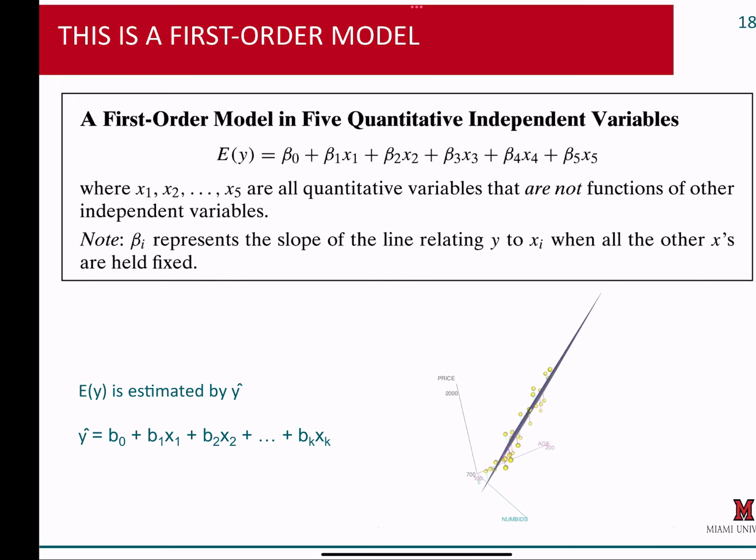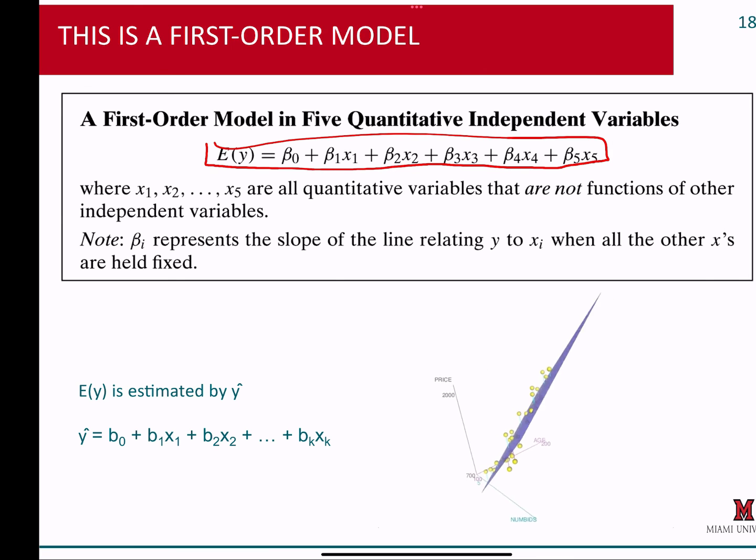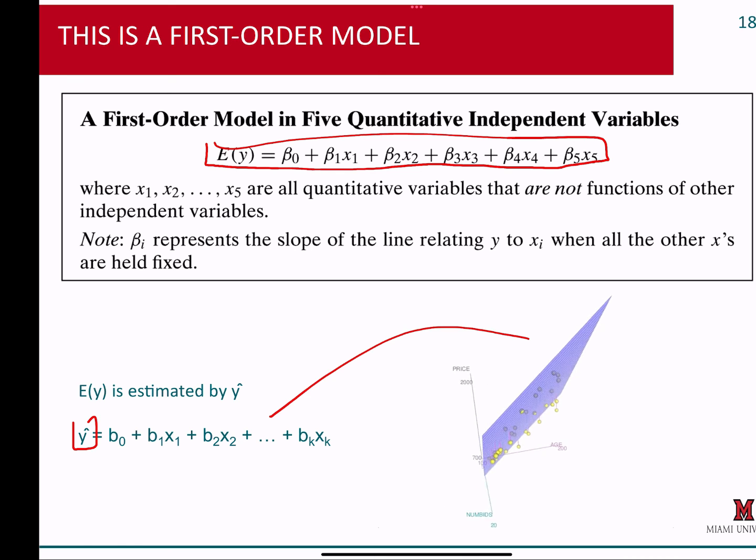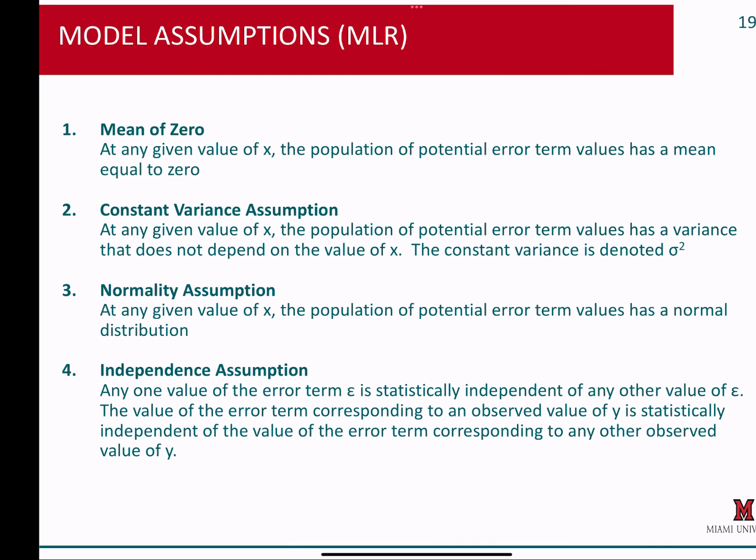To summarize, we are trying to get the estimate of the expected value, and we do this by using the y-hat equation that gets us this plane. We can visualize the plane if we have two predictors. If there are k predictors, then this plane is no longer something that we can visualize as easily, but we can imagine it behaves similarly.